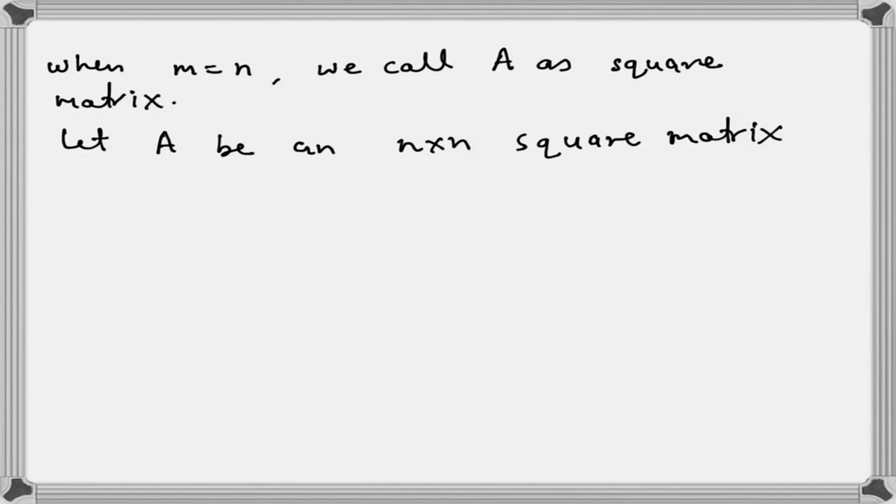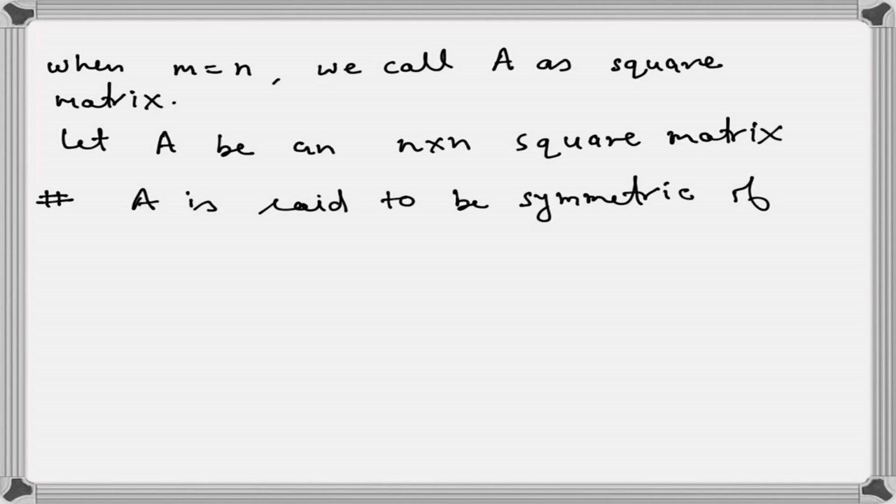Then A is said to be symmetric if A transpose is equal to A. So that is aij is equal to aji for all i, j.